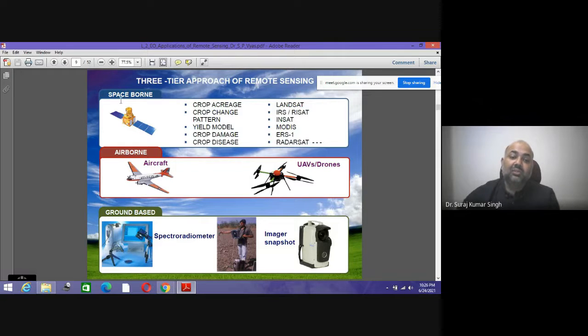And finally, you'll be using space-borne satellite images, where we'll be using various satellite data from Landsat, IRS, Cartosat, RESOURCESAT, INSAT, MODIS, ERS-1, RADARSAT for different types of crop acreage estimation, crop pattern change delineation, yield modeling, crop damage, and crop disease. Whatever comes to your mind, each and every question, each and every problem will be solved using remote sensing and GIS techniques.